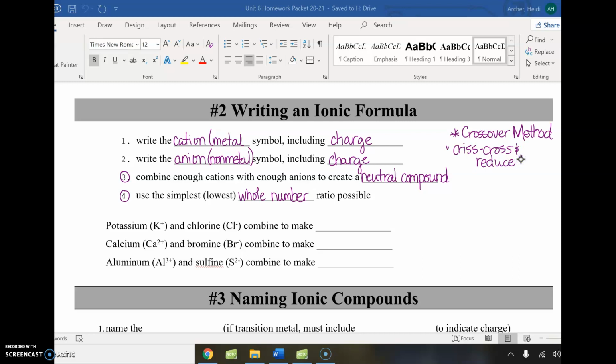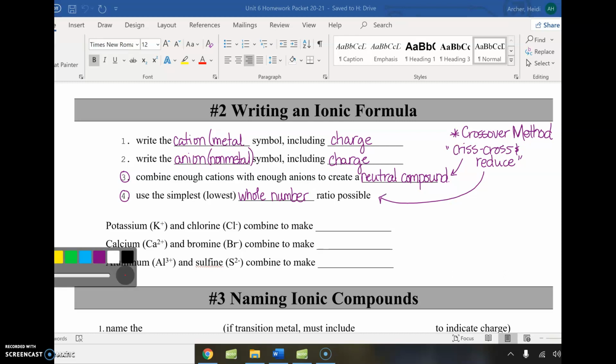Okay? So the crisscross part makes us a neutral compound because that creates a combination of numbers that equals out our positives and our negatives. And then the reduce part gets at the lowest whole number ratio possible. So again, you already know how to do this.